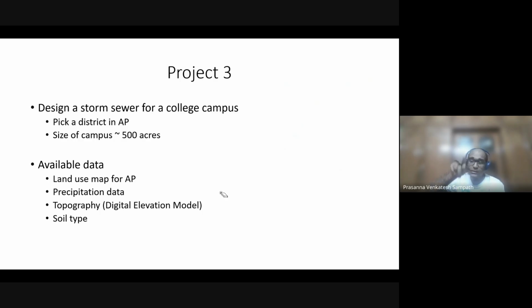So using all this information, you will try to find out what is a good way of figuring out the size of a storm sewer in a particular location. What are the factors on which the size of this storm sewer will depend? Anybody?